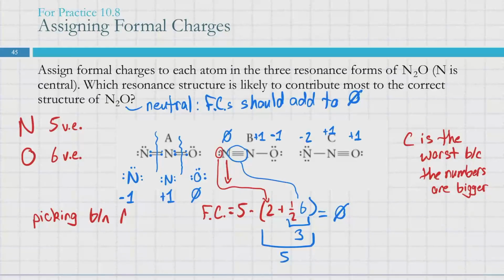So if we're picking between A and B, which is more electronegative, nitrogen or oxygen? Where does our electronegativity emperor reside?